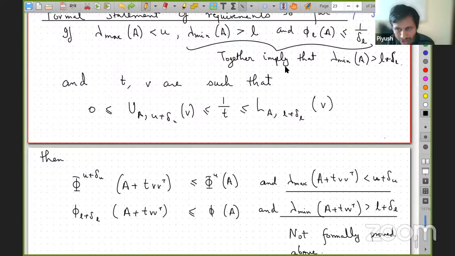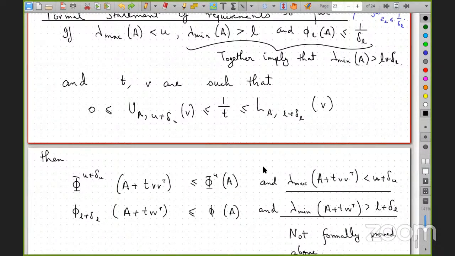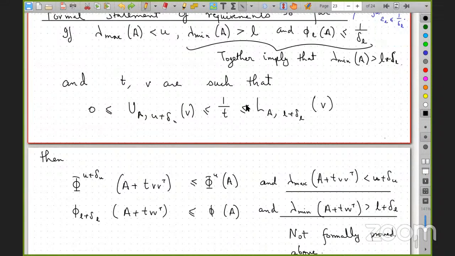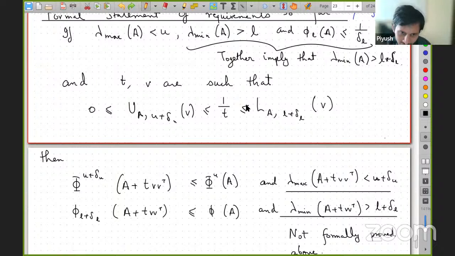So is the goal clear now? What we have to do? We want to find one T and V so that both these conditions that we have asked for are satisfied. Yeah, so this epsilon L is actually for all purposes just 1 over delta L. Yeah, that's true. Okay.